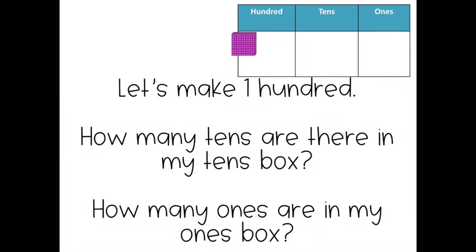So let's put that 100 up there. Now take a look. How many tens are there in my tens box? 0. How many ones are there in my ones box? 0. Very good. So now let's go ahead and count on with our hundreds. Count with me.